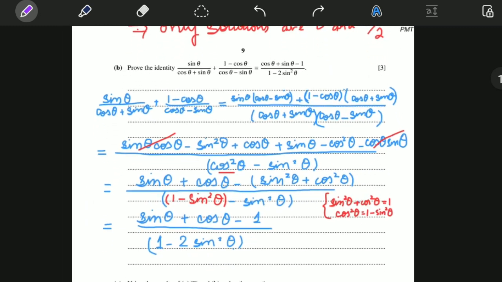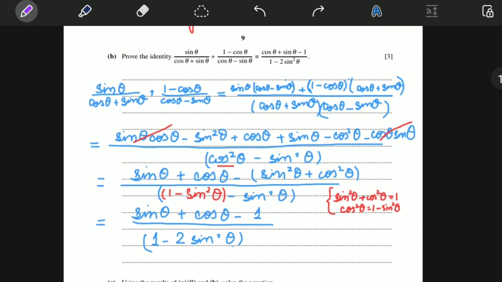Now the third thing is part C. Prove the identity. Okay, we have this identity. We'll take the left hand side of it. We'll take the LCM. We'll write this as (cos theta plus sine theta) into (cos theta minus sine theta).